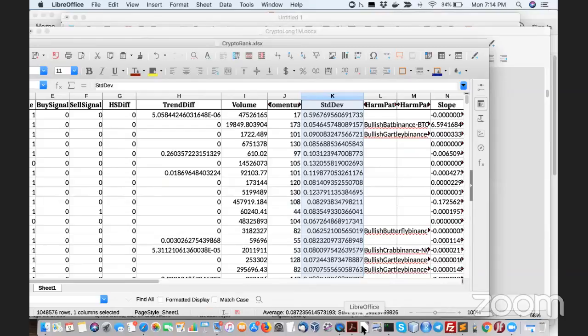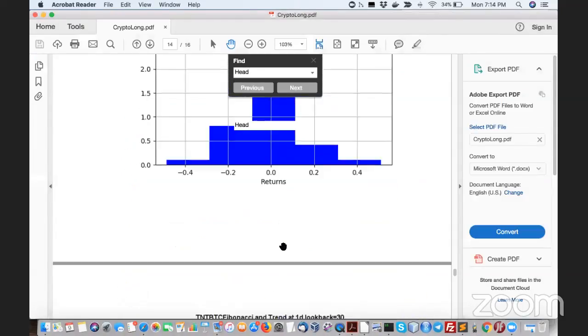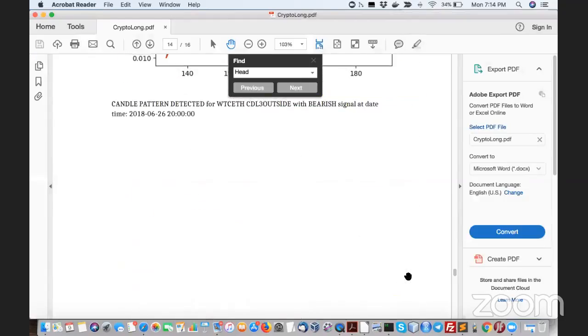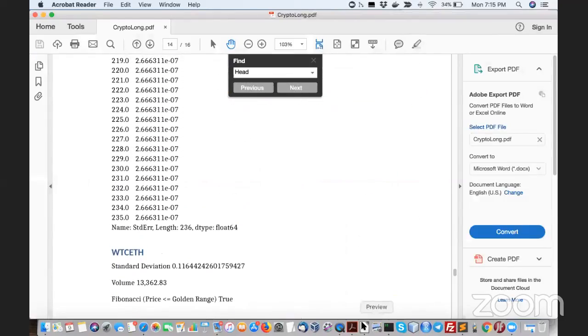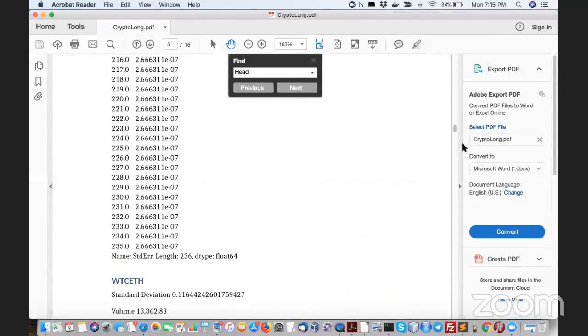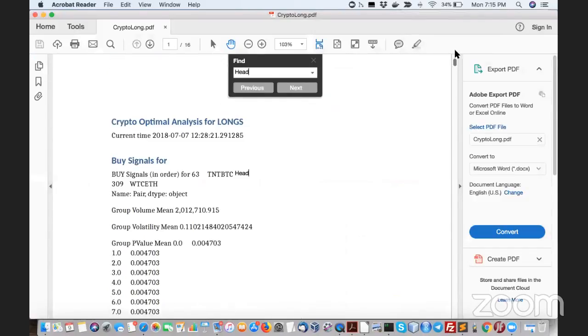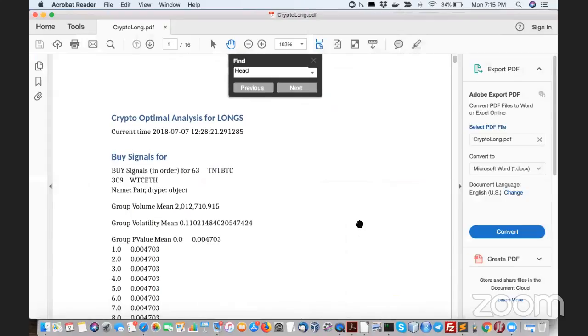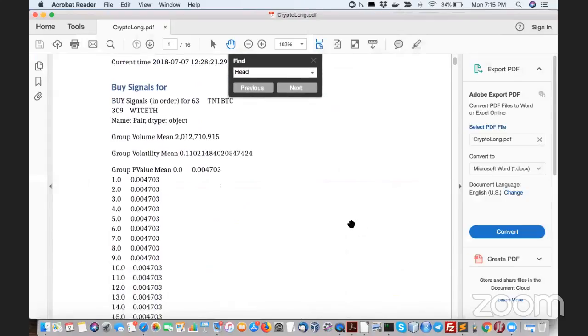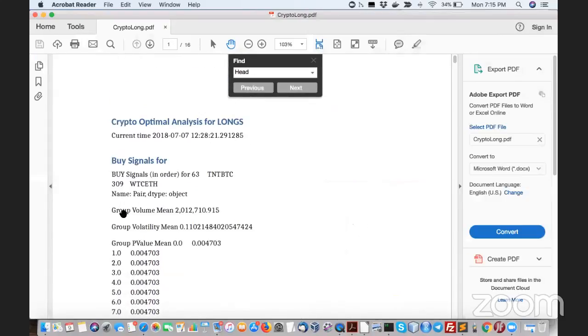This is important because when you get pairs listed on this report, what I like to do, let me just pull up the other one. Okay, so in this case, we have 3 pairs of, quote unquote, interest to potentially trade. And what I do is I put the group volatility, the average, the mean, as well as the average of the volume.